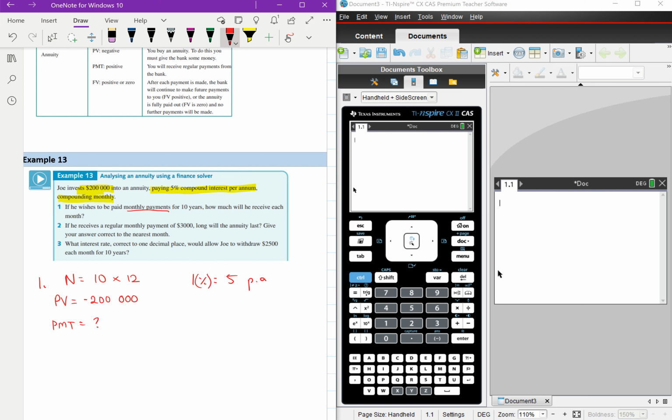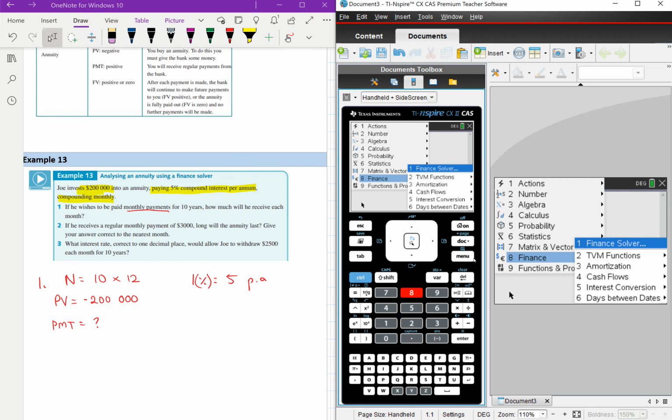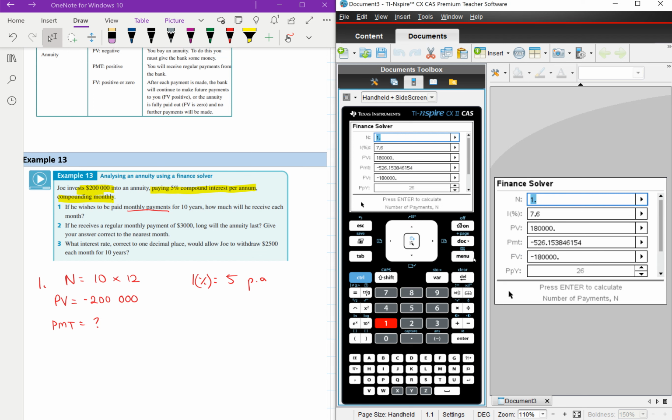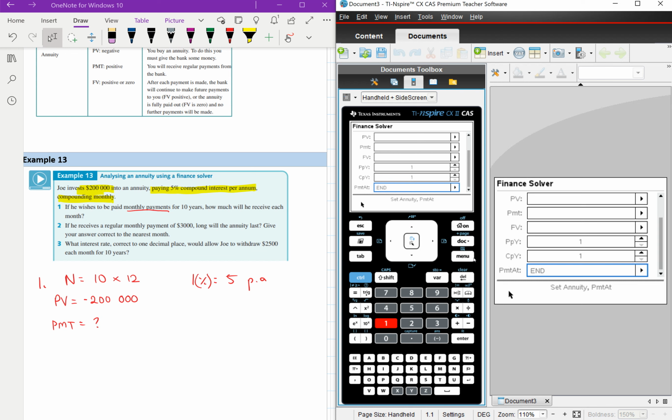Okay, so let's get out our Finance Solver, menu 8.1. So Finance Solver. I'm just going to delete all of this from prior. Okay, cool. So let's go back. All right, so N, we know it's 10 times 12, so 10 years compounded every month, so 12 times the 12 months in a year, and so the number of compounds there after 10 years will be 120, or 10 times 12. 5% is our rate.